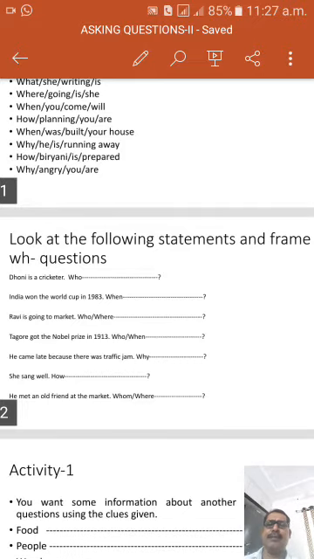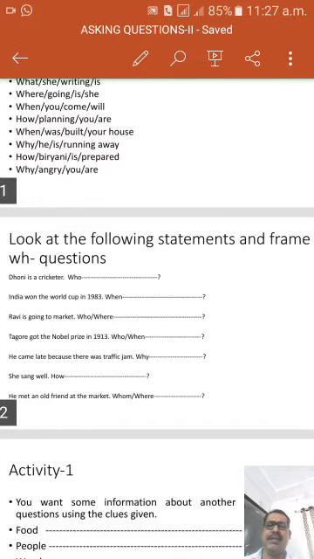Next, Tagore got the Nobel Prize in 1913. Who got the Nobel Prize? When did Tagore get the Nobel Prize? He came late because there was a traffic jam. Why did he come late? She sang well. How did she sing? He met an old friend at the market.